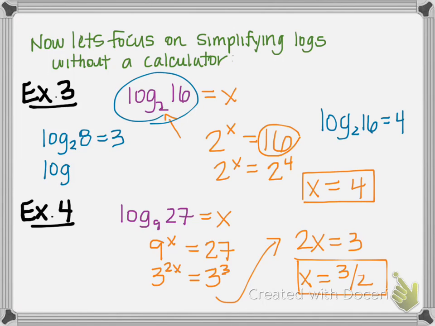If I were to do log base 7 of 49, I would hope that you would know that 7 to what power gives us 49? That would have to be squared, so it's 2. So often if the numbers are nice, you can recognize it. But we always want to have a process to fall back on for when it does not jump out at us. And this whole idea of switching it into an exponential is a good form.